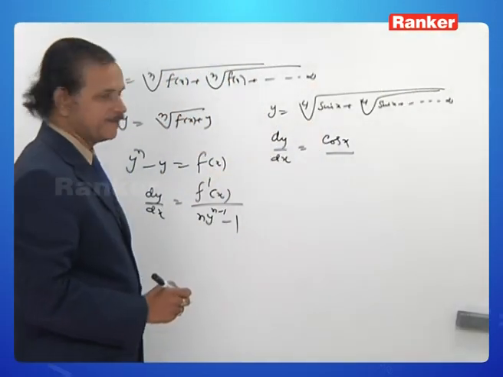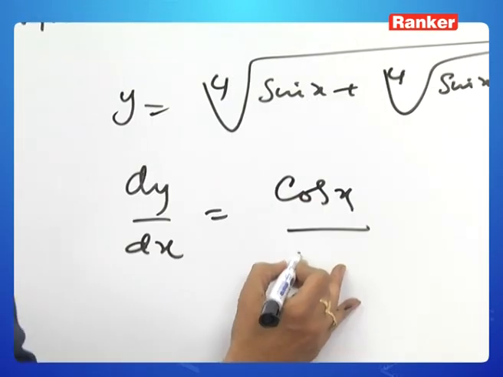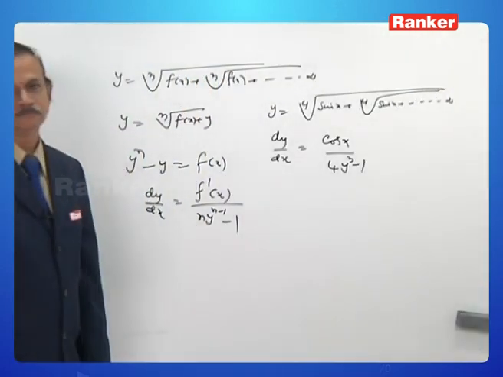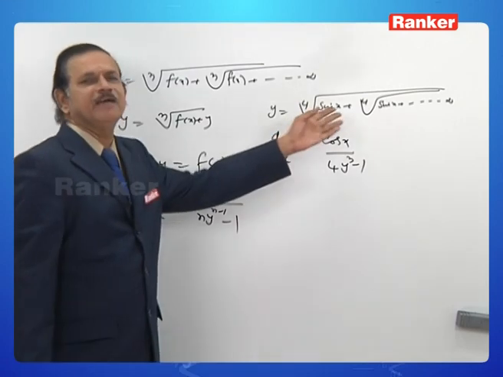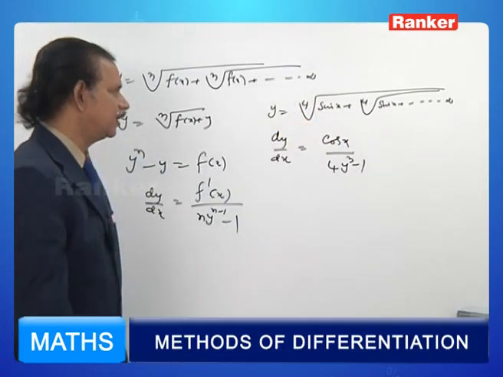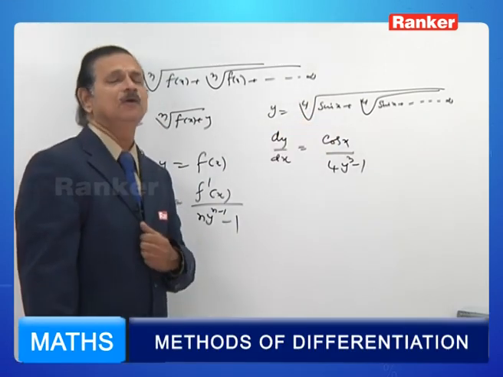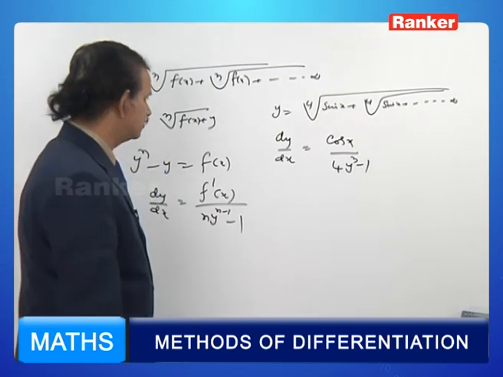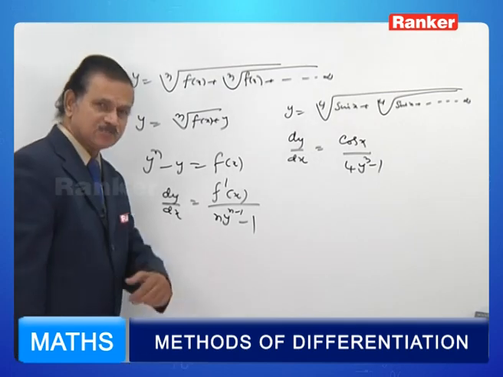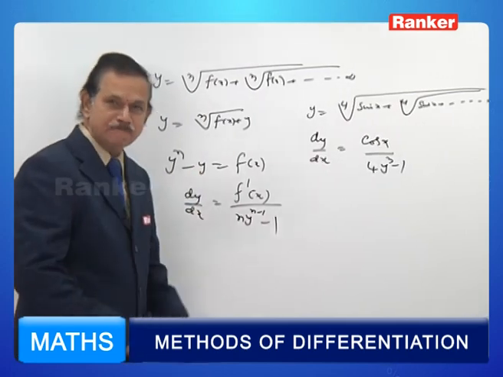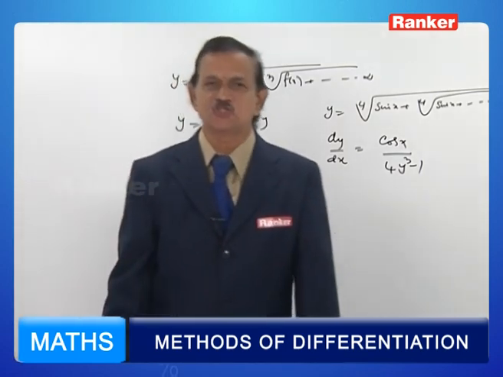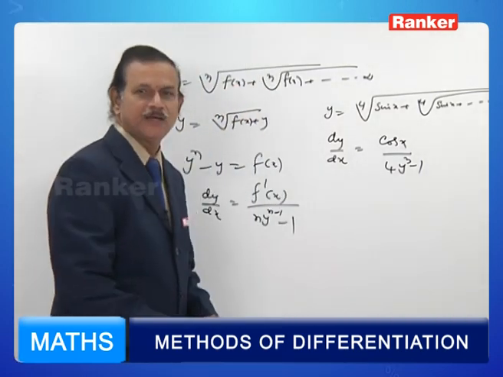The derivative of y power 4 is 4y cube. So 4y cube minus 1. Not only sin x, whatever f of x whose derivative is known, that is differentiable, can be given there. So the previous answer and this answer can be reused once again. That is why they are to be remembered.